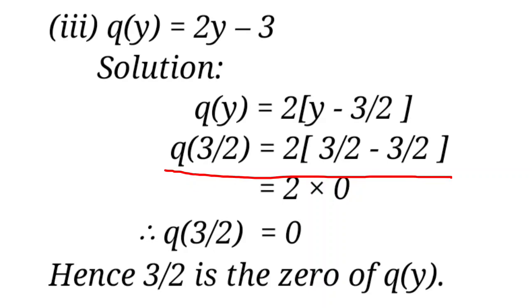Then q of 3 by 2 is equal to 2 into 3 by 2 minus 3 by 2. Then plus 3 by 2 minus 3 by 2 cancel. Then 2 into 0. Therefore, q of 3 by 2 is equal to 0. Hence, 3 by 2 is the 0 of q of y. That's all.